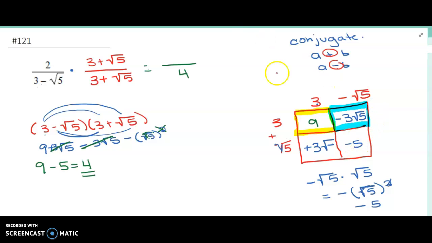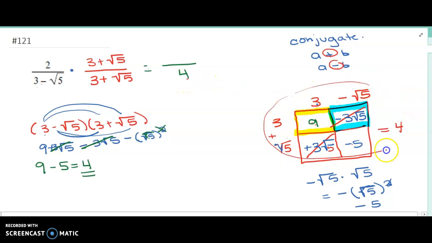So I can take this, and it's the same thing as what I did here. I would add all these together. Well, this minus 3 square root of 5 plus 3 square root of 5 goes away, and then I'm left with 9 minus 5, which is 4. Same thing. I will do it this way, but if you're more comfortable with the other way, that's fine.